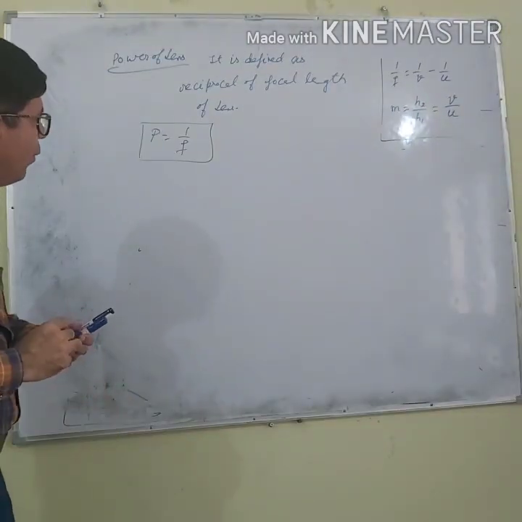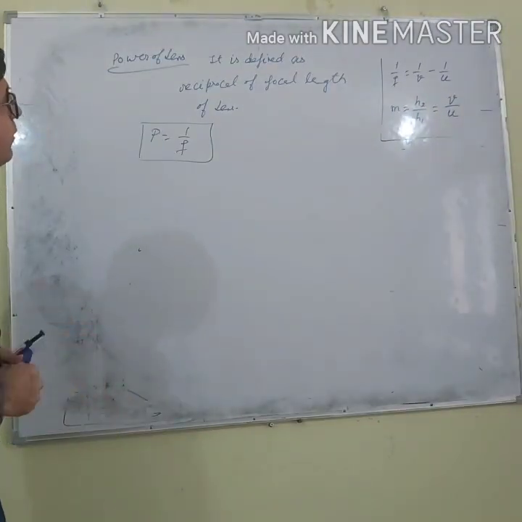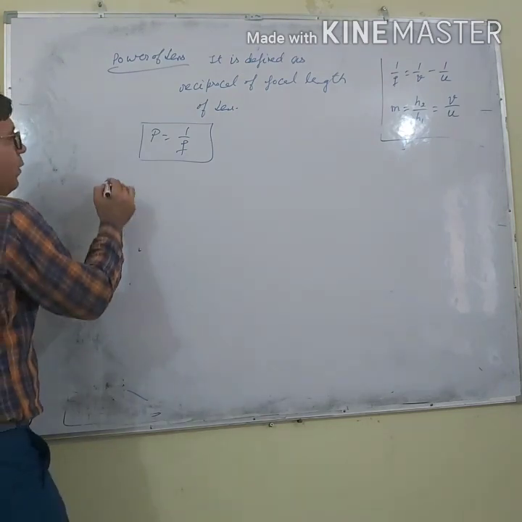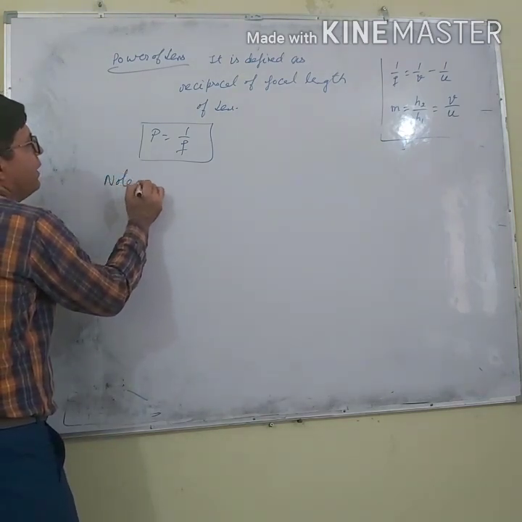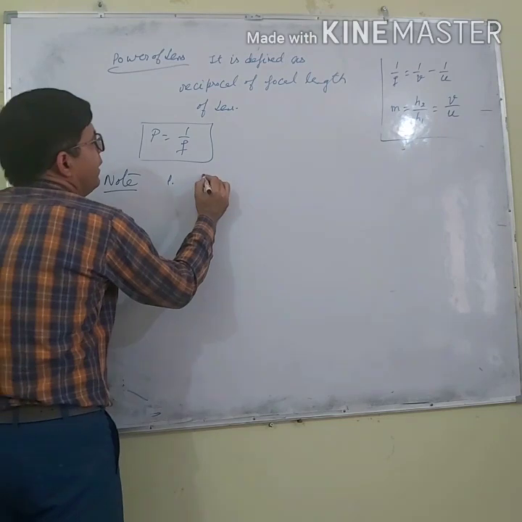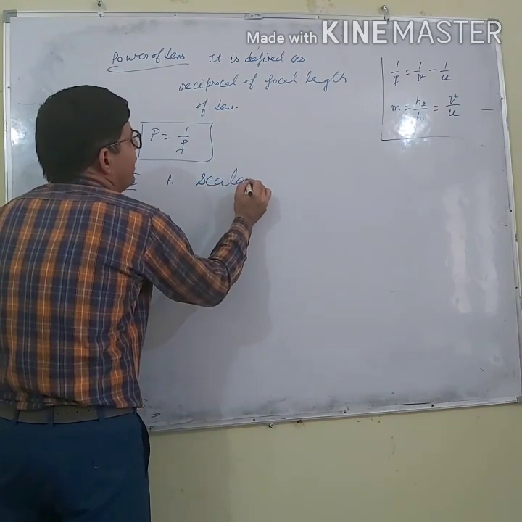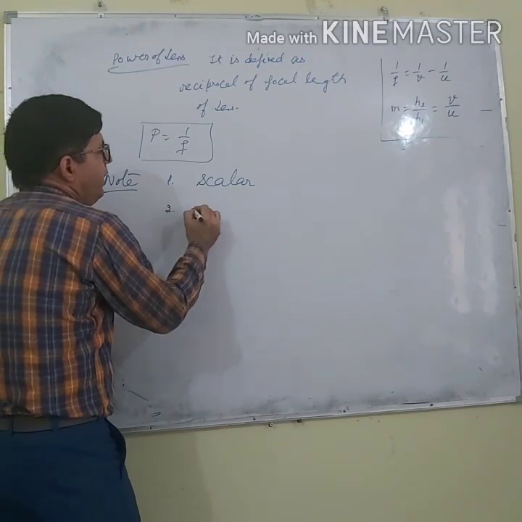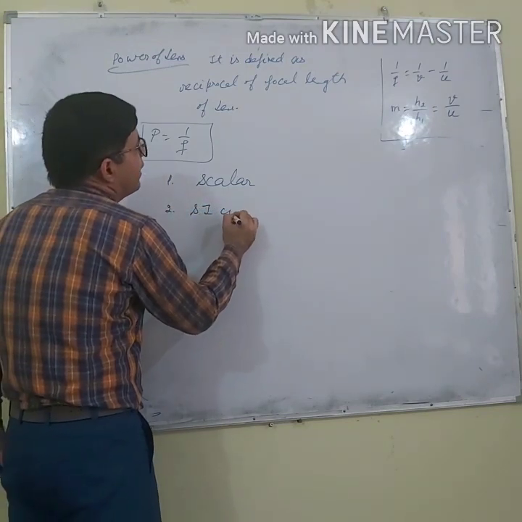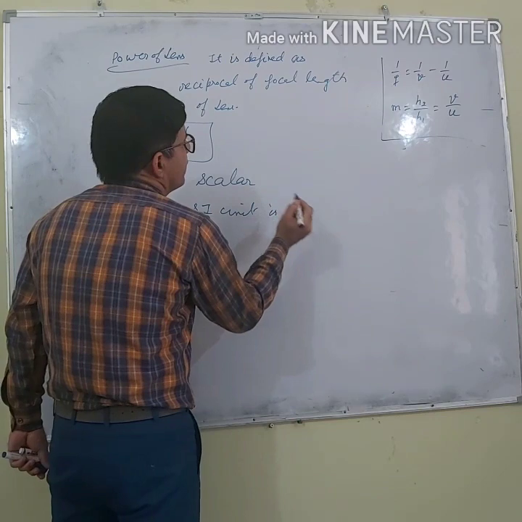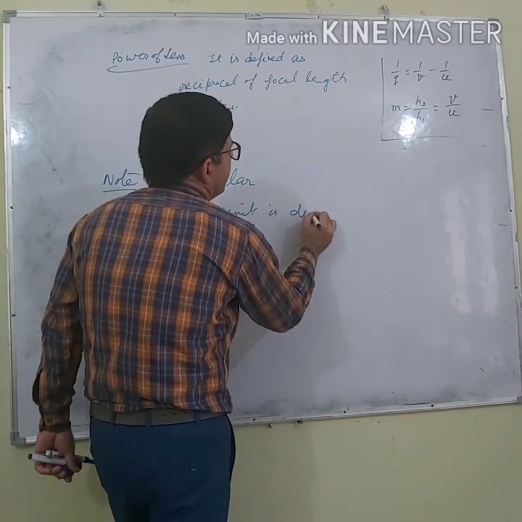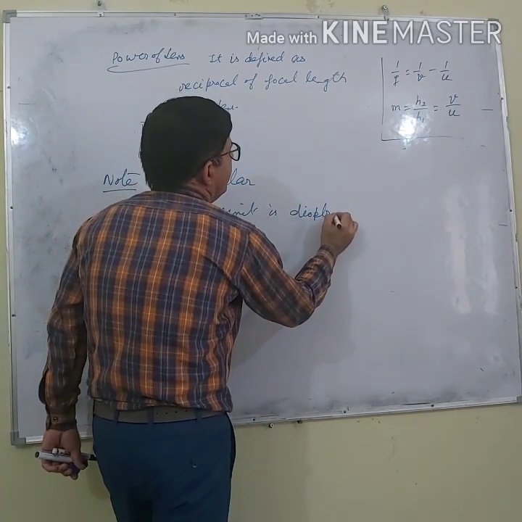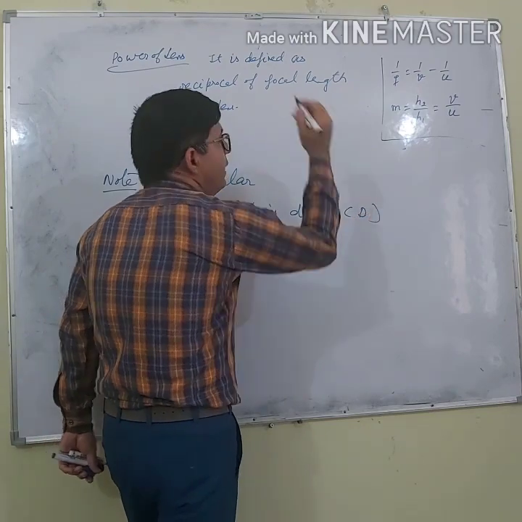Right? Power is 1 over f. It is the reciprocal of the focal length. Now a few points that you keep in your mind. Number 1, it is a scalar quantity. It has no direction. Number 2, its SI unit is diopter, and its symbol is capital D.